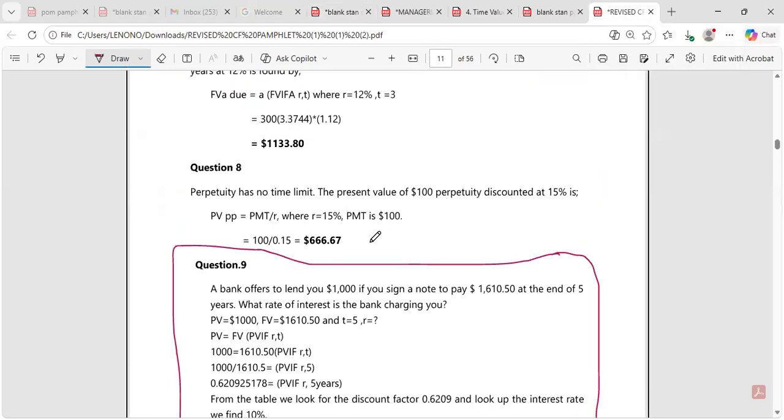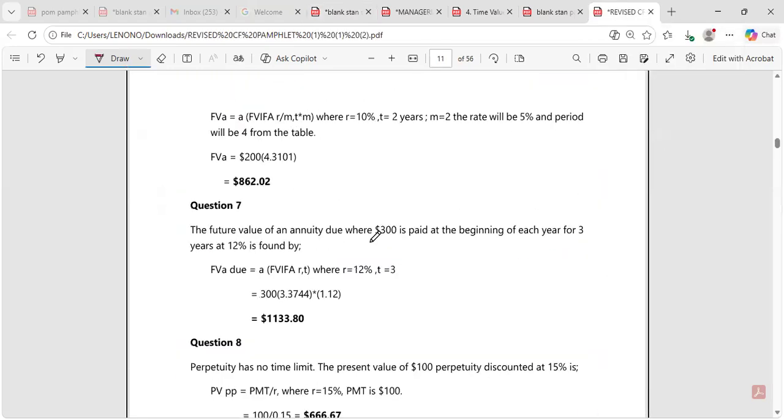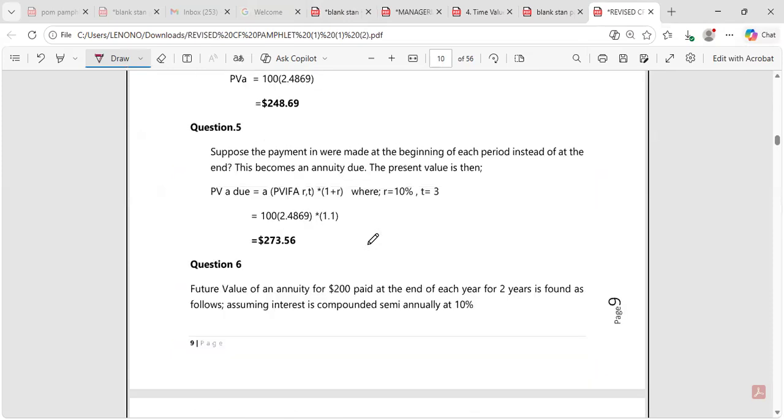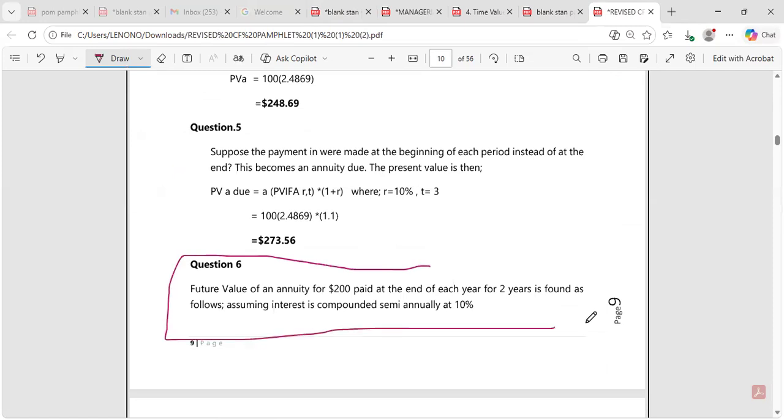Okay. So there are other questions that we need to look at. An example on the annuities we looked at: future value of an annuity of 200 paid at the end of each year for 2 years, semi-annually.